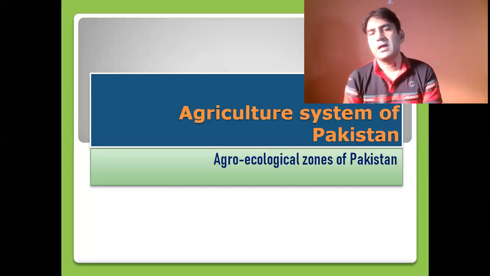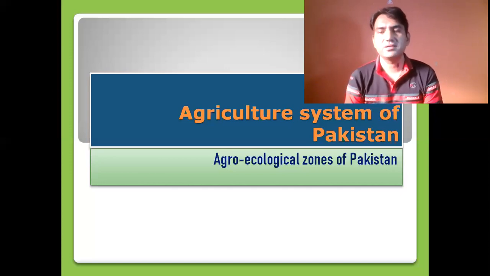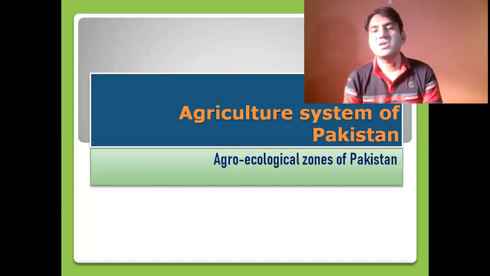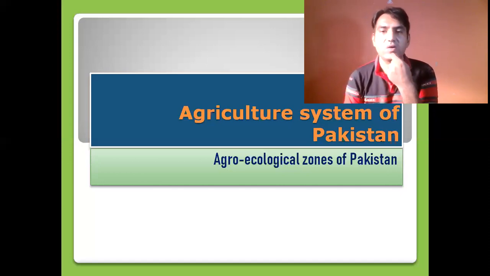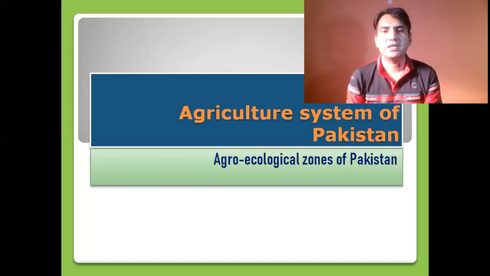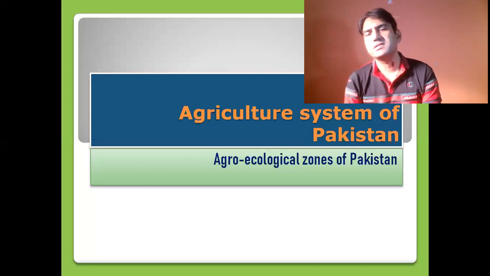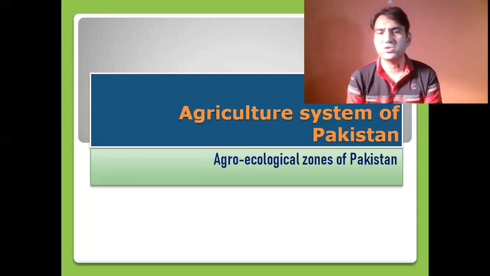As you know, Pakistan is not a big country in terms of size, but it's not a very small country. So it has a moderate land area, but still we have different agro-ecological zones. Agro-ecological zones have basically been generated by looking at different components: your agriculture land, ecology, climatic conditions, soil condition.